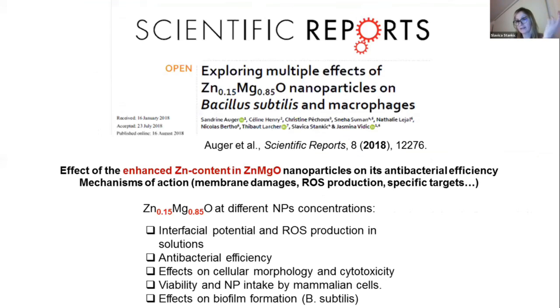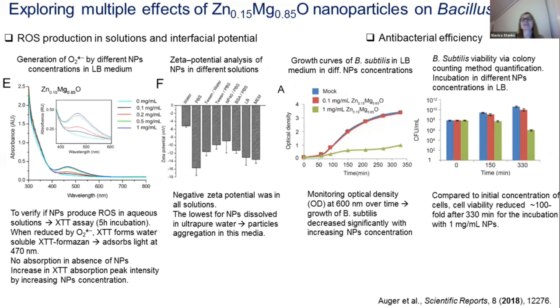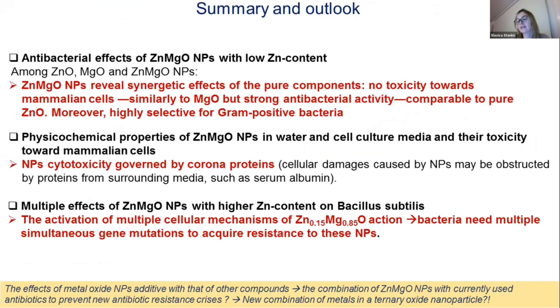I have no time, I guess, so I will just finish quickly: we could see synergetic effects in zinc magnesium oxide nanoparticles, which are highly antibacterial, such as zinc oxide is, while not toxic towards human cells, such as magnesium oxide is. It is highly selective. We could see that nanoparticle cytotoxicity can be governed by the presence of proteins, such as they are present in the biological media.